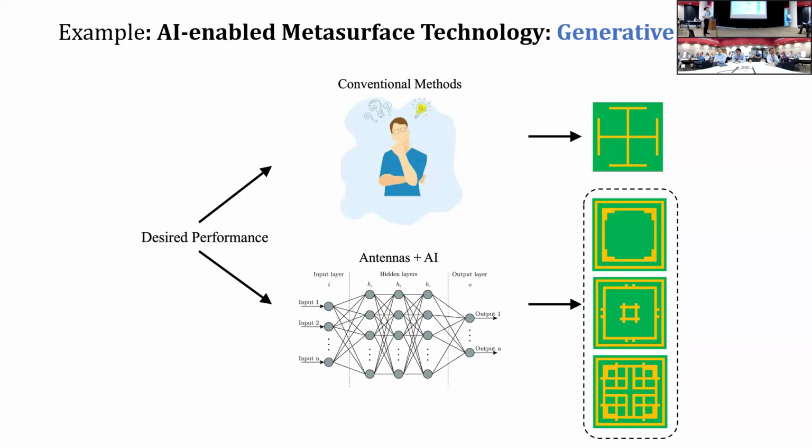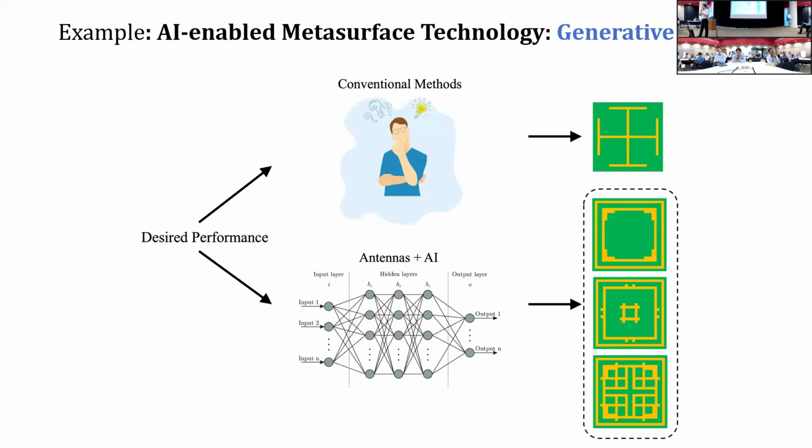We use this AI-enabled synthesizer to design the metasurface. Because many people talk about AI, we usually categorize the application of AI in at least 3 ways: one is modeling, the second is optimization, the third is design.